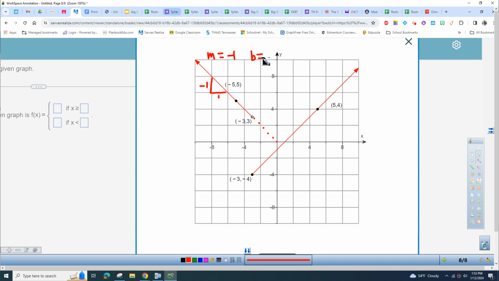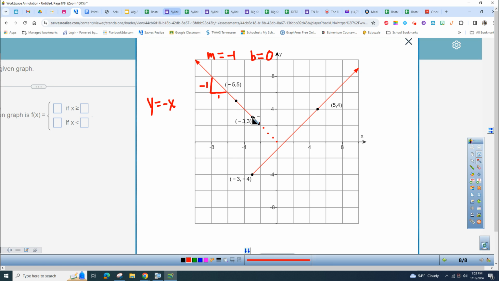My y-intercept is 0. So my equation for this one is going to be y equals -1x, which is just negative x. And so that's my equation.